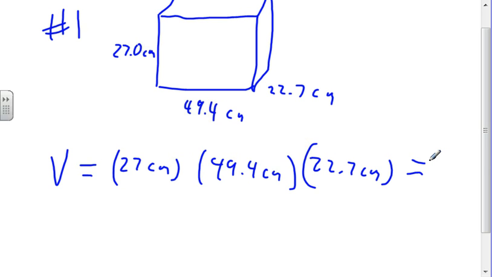And this is just another exercise of keeping the right significant digits, right? So I only have 2 significant digits, so that means 3. I have 3 significant digits, so my answer is 30,000 centimeters cubed, and I put a bar there to indicate that I have 3 significant digits.